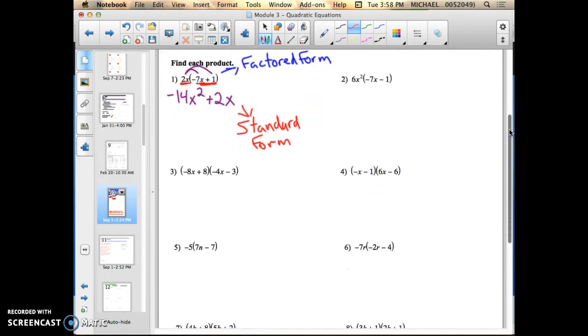And then in the next objectives, we're going to do the opposite, but I wanted you to just get familiar with the pieces. Again, these are factors, 2x and then negative 7x plus 1, and it's in factored form because those are factors, and then this is standard form right here, negative 14x squared plus 2x.